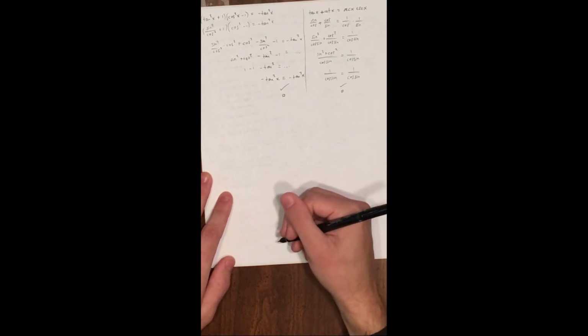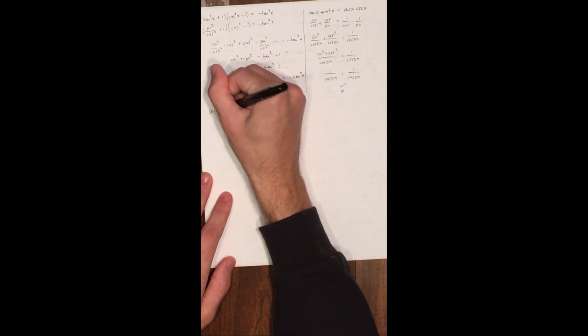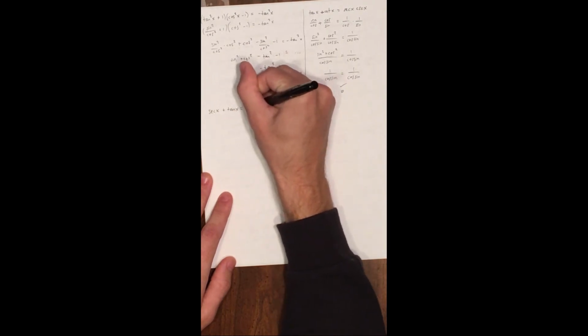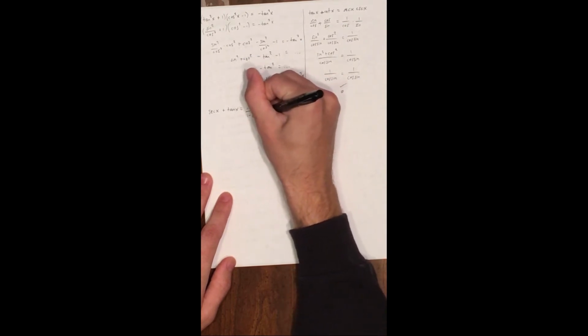Let's see. Oh, we have a similar one here. We have secant of x plus tangent of x is equal to cosine of x over 1 minus sine of x.